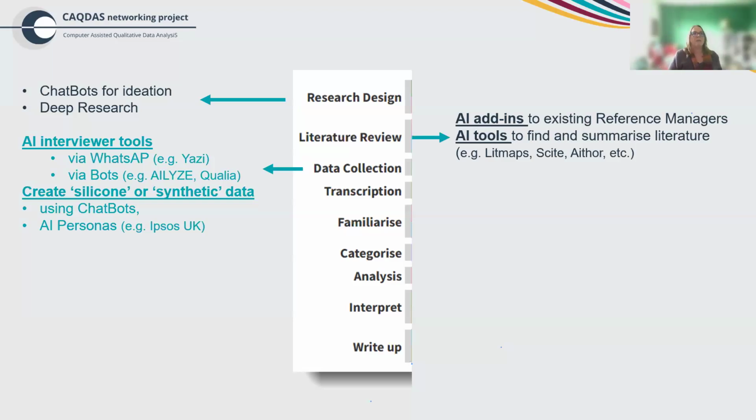The other example here is the idea of creating what's referred to as silicon or synthetic data. You can ask a chatbot, let's imagine I was doing a project, like the example from the previous slide about generating a literature review about bullying in schools.